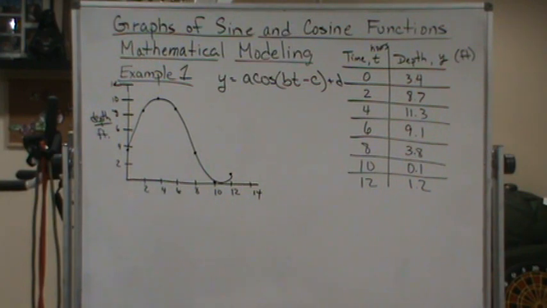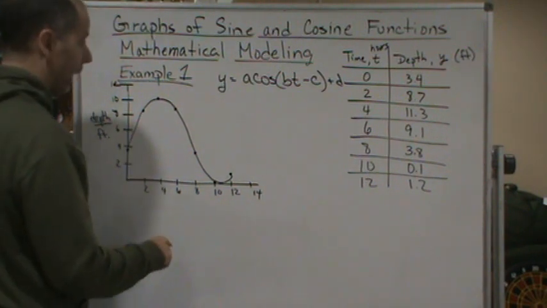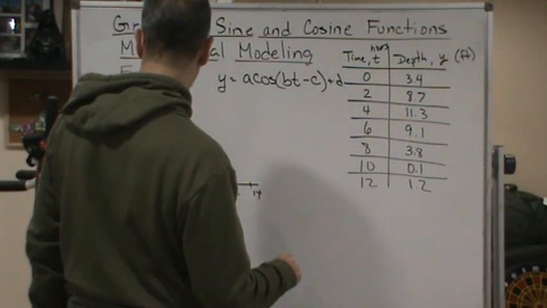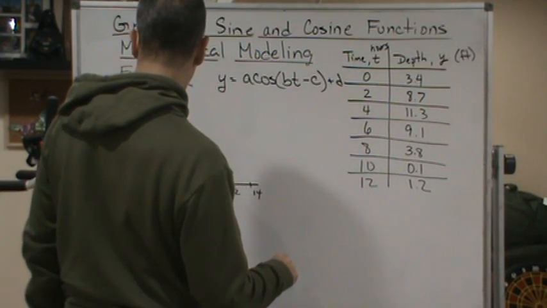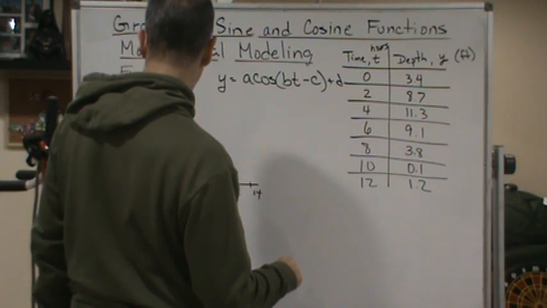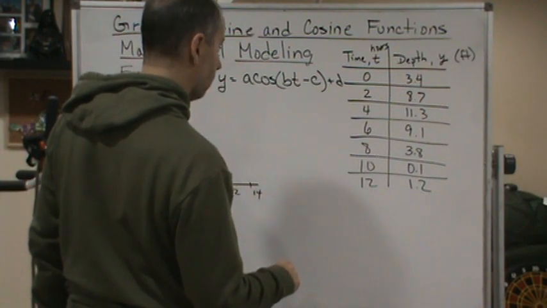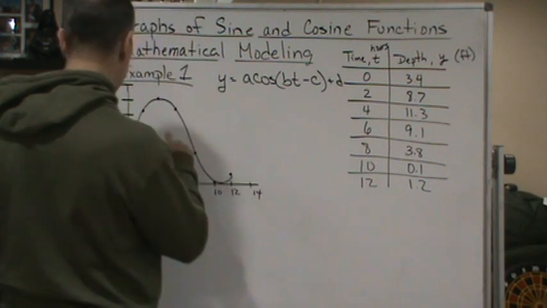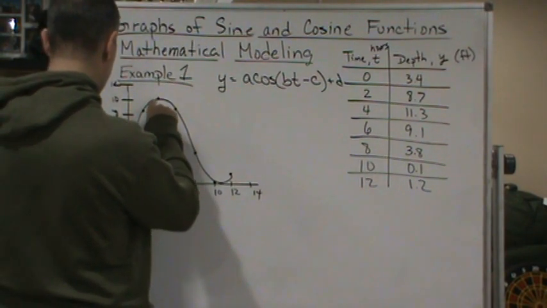The difference between the maximum value and the minimum value is twice the amplitude. Remember that. So the maximum value is 11.3, which I kind of missed.